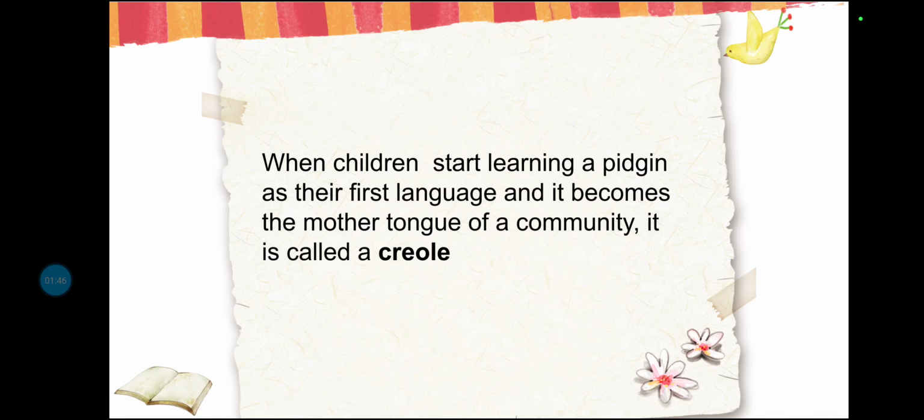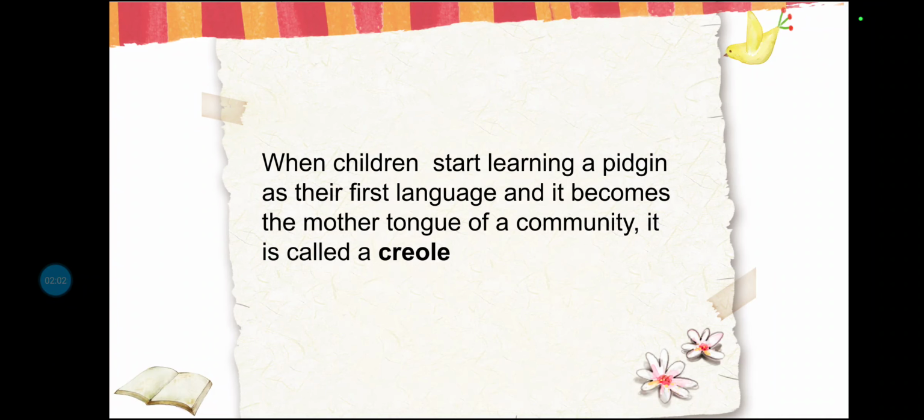And then the next one, we have what we call Creole. When children start learning a Pidgin as their first language and it becomes the mother tongue of a community, it is called a Creole.